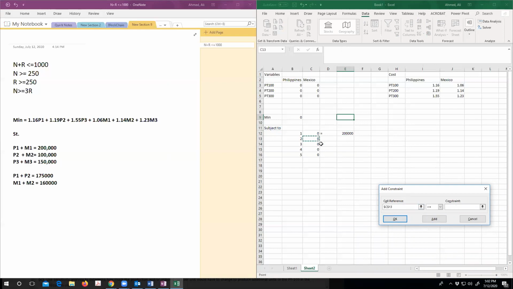Then second, P2 and M2 has to be equal to 100,000. Third is this cell is equal to 150,000.